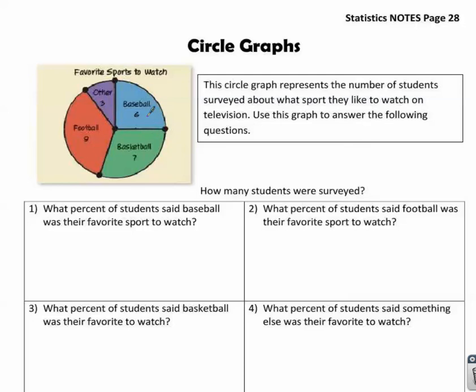This talks about favorite sports. If we look at how many students were surveyed, we would add up all these numbers, 9, 7, 6, and 3, to get 25 students surveyed. If these were in percents, for example, baseball covers about 25%.